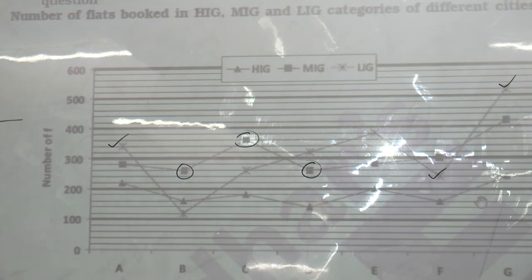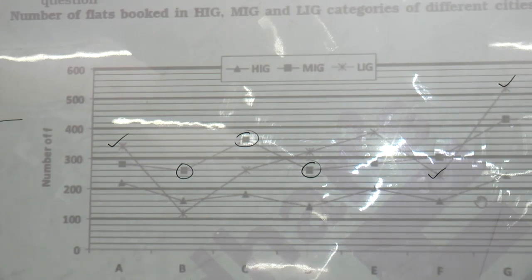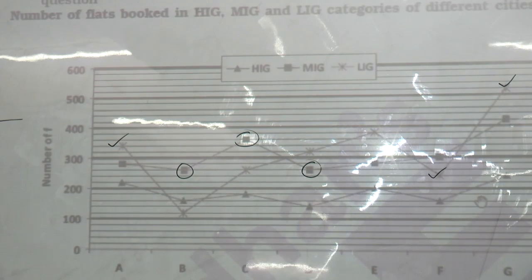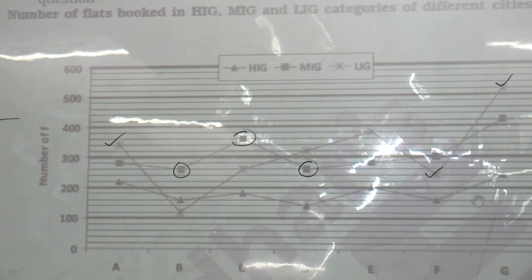Next, total number of LIG flats booked from all the cities together is by what percent more than total number of HIG flats booked from all the cities together, right? They said all flats together.